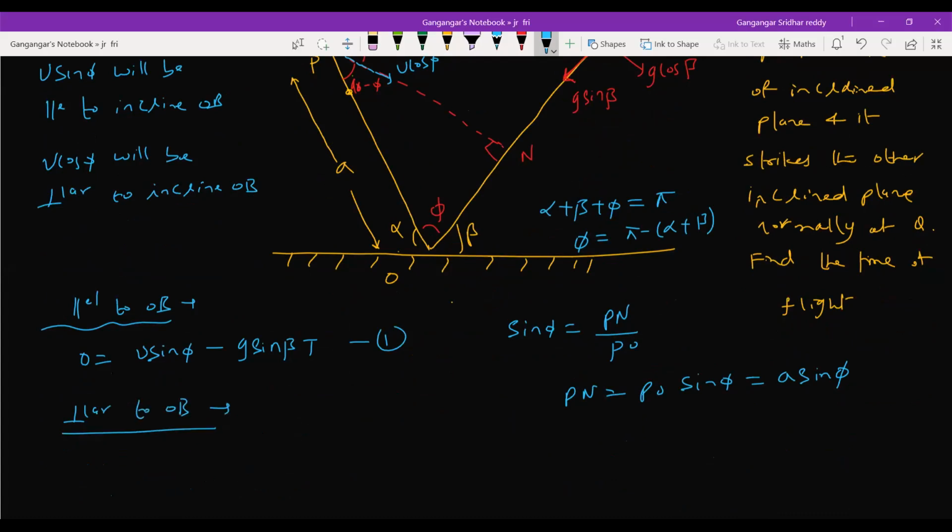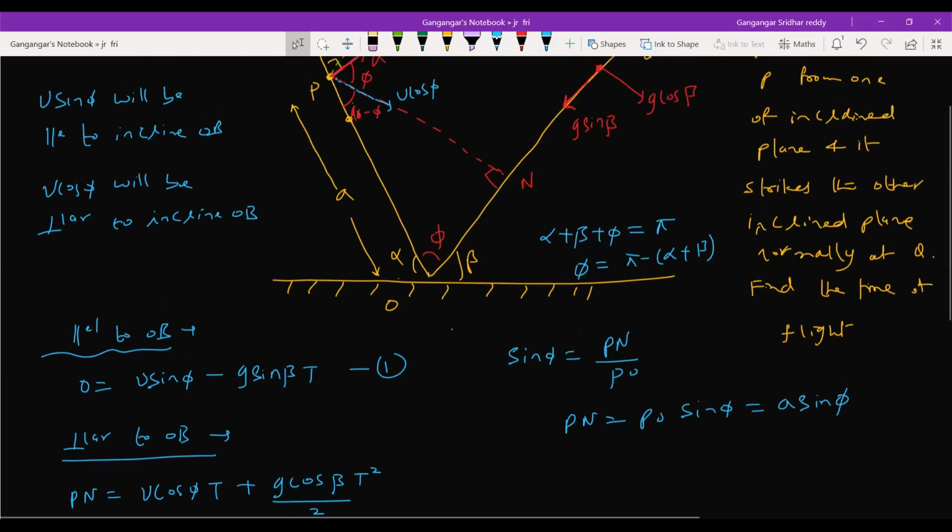Write one more equation. Distance Pn is equal to u cos phi t plus g cos beta t squared by 2. Try to see all the things in the diagram, and I'll make it visible. Writing this equation 1, 2 is what the concept.